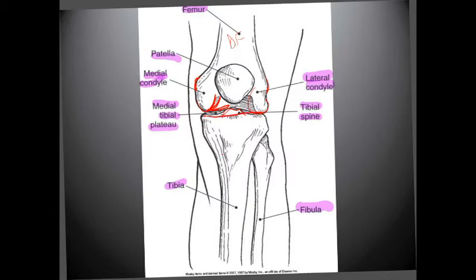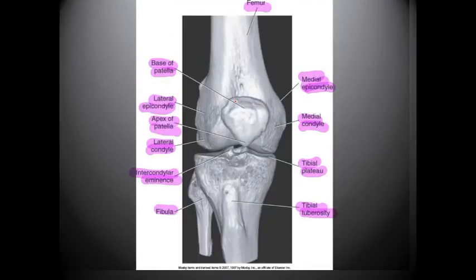We have the tibial plateau, tibial tuberosity somewhere around this area, the fibula, also the patella. As you can see, the pointed end always faces inferior or distal.